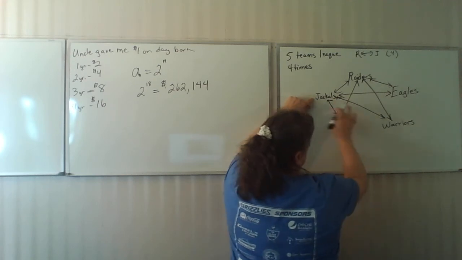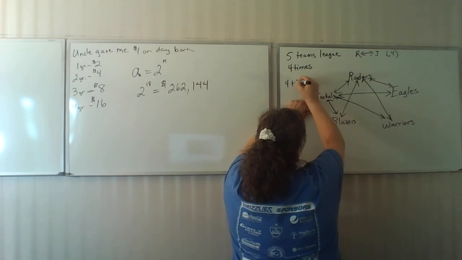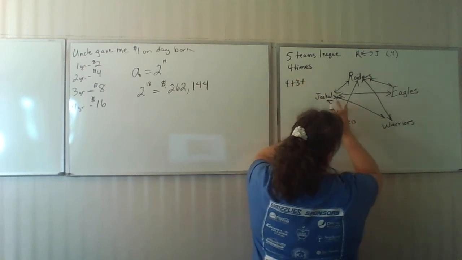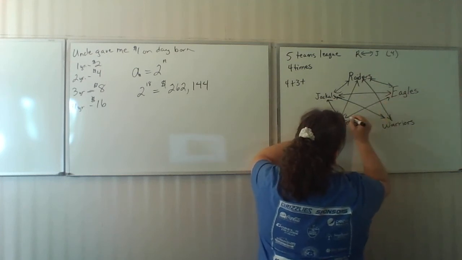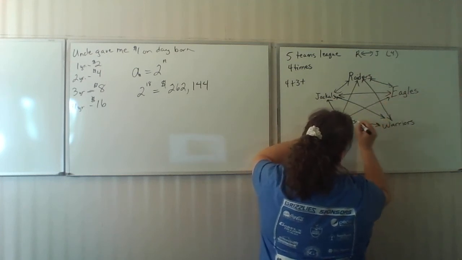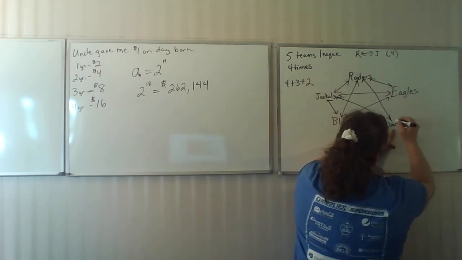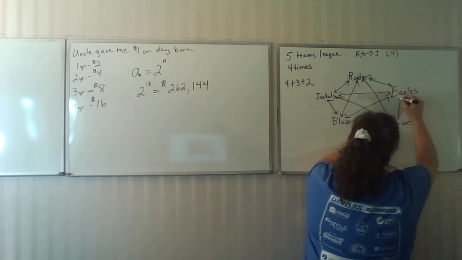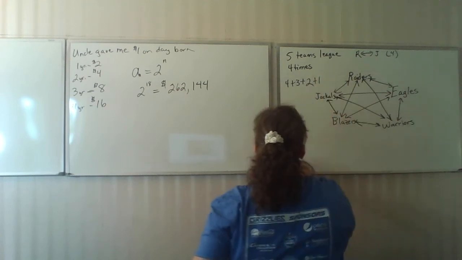So that's another 1, 2, 3. So we have 4 arrows plus 3 arrows. Now the Blazers, we've already got the first 2 drawn, but the Blazers are going to do the Eagles and then the Warriors. So that's going to give us 2 more. And the Warriors have already done this one, and this one, but they haven't done the Eagles yet. So that's 1.